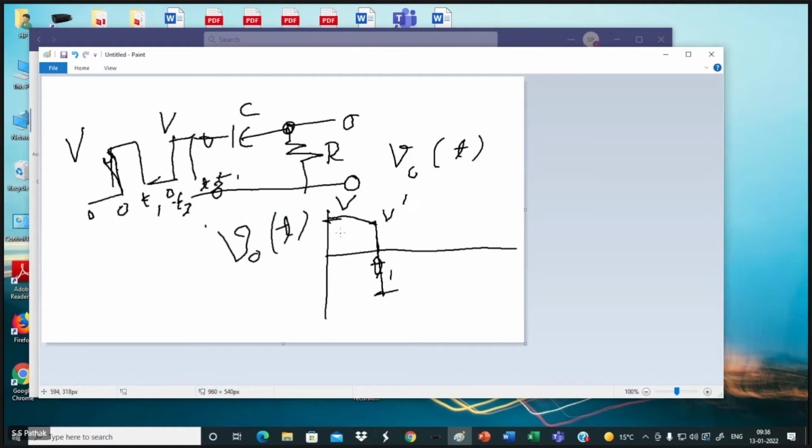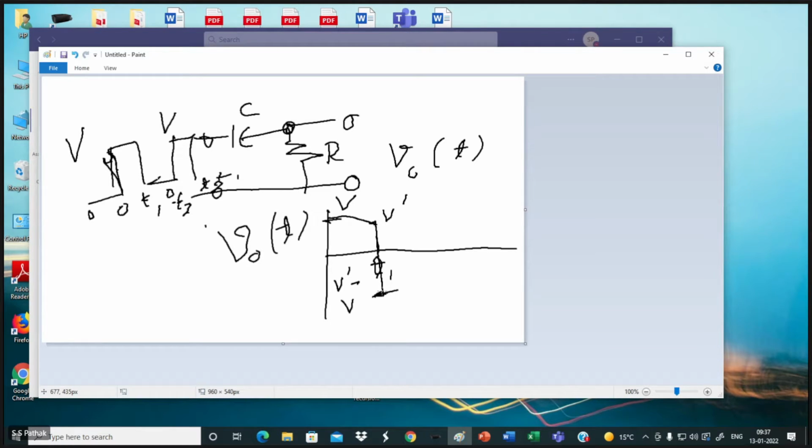This one will be V dash minus V. V dash is some significantly high value, so it will be hanging at some point here. It will not come to minus V directly, it will come somewhere else.